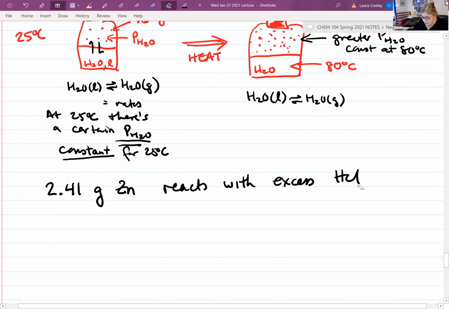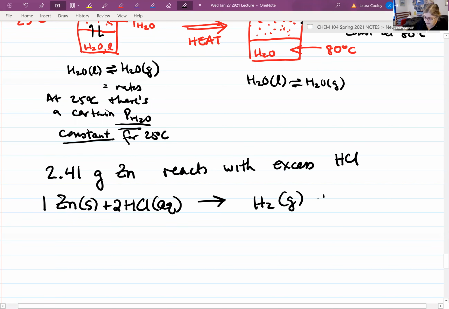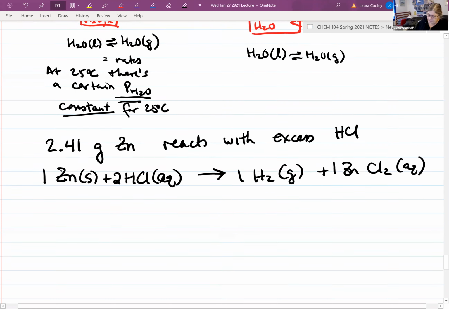Okay, so it's the amount of zinc that's going to determine the amount. Let me write the reaction again. Zn plus HCl goes to H2 gas and zinc chloride. And this is balanced with ones.